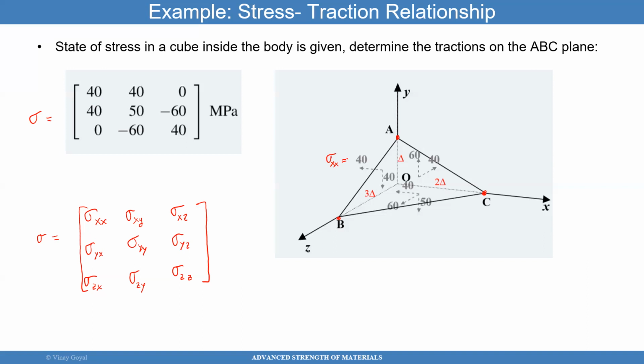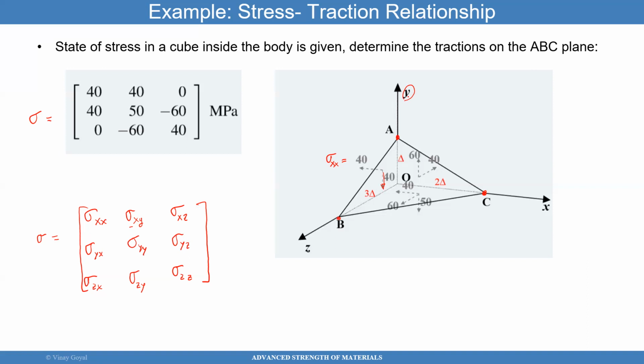Then you have sigma xy, which is also 40, and you can see it's acting downwards correctly. It's on the X face and acting in the Y direction. So that's also correct. You may think it's in the negative direction, but I'm looking at the opposite face, and that makes it positive.